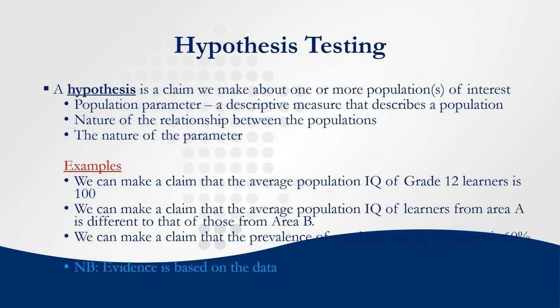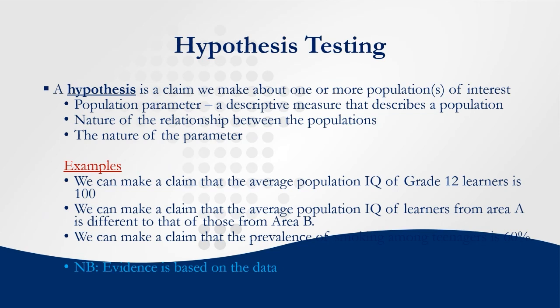So in terms of hypothesis testing, as I've said, we are interested in what is occurring within a population. In the context of hypothesis testing, we will make claims. A hypothesis is a claim that we make about one or more populations of interest. In some cases, it's a claim about one population.